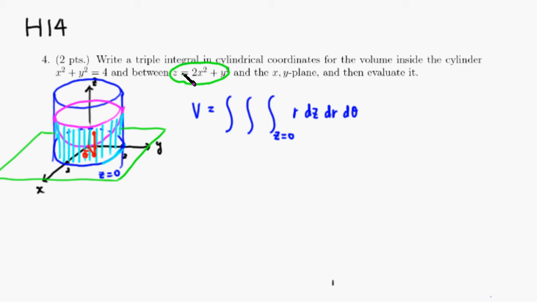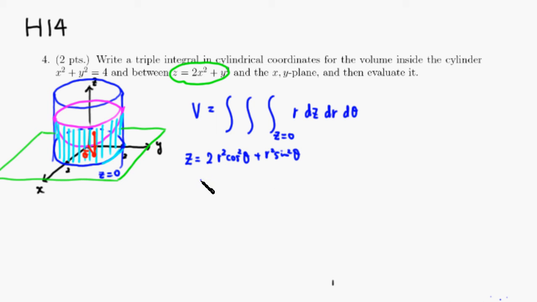And I have to rewrite this in terms of cylindrical coordinates. So z is equal to, x is r cosine theta, so we square that, r squared cosine squared of theta, plus y is r sine theta, so r squared sine squared of theta.